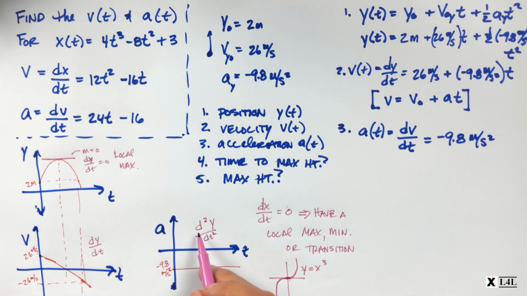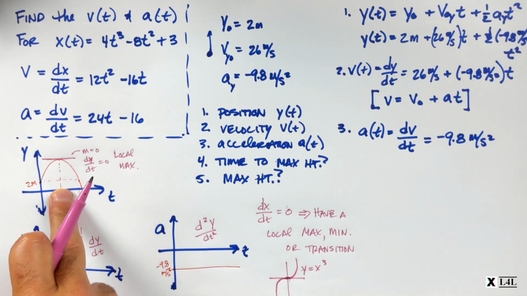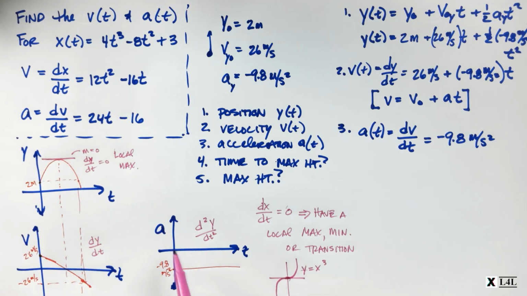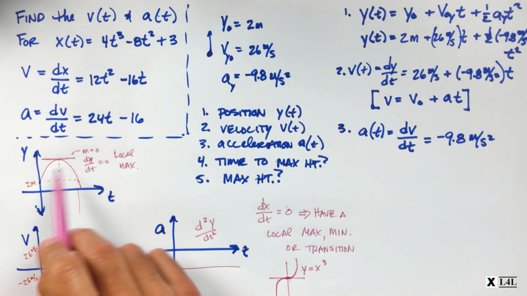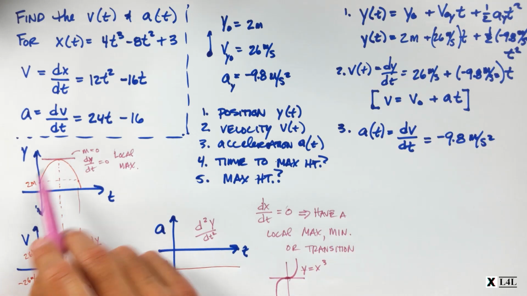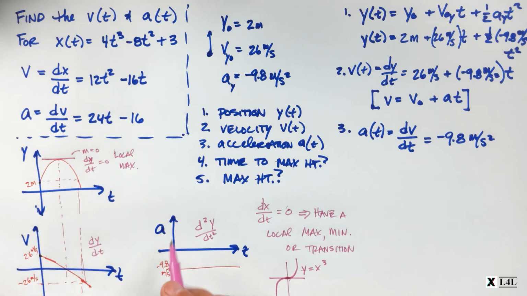First derivative, second derivative of the original position function. When this second derivative is negative, you're having a localized maximum with a concave down. Okay, and the reverse would be true. If your second derivative is positive, most likely you're going to be having a localized minimum.